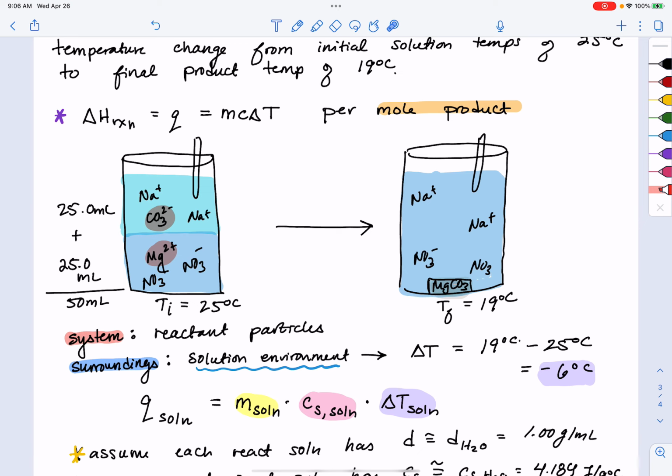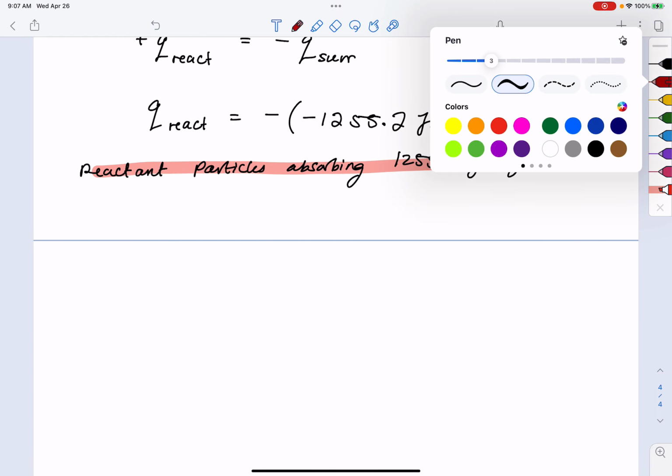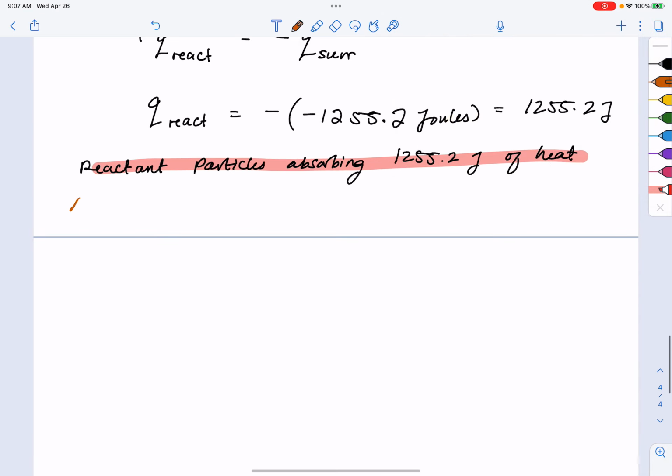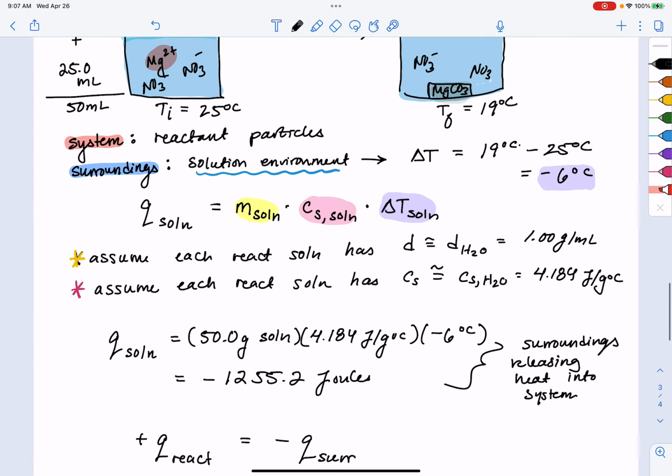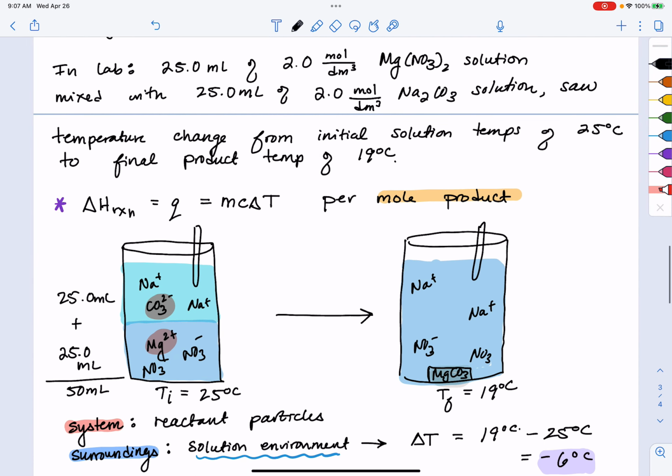So if we're trying to figure out how much of a product is formed in a chemical reaction, we need to do some stoichiometry. So let's determine our moles of precipitate formed. In order to do that, we need a limiting reactant calculation. I have some information about each of my reactants.